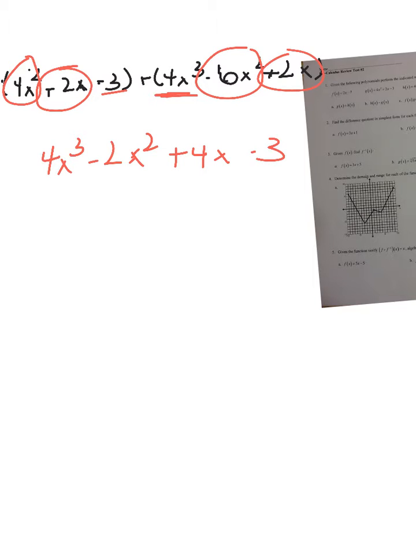So 1b is to take h of x, and make sure you use parentheses because we are subtracting. So it's 4x to the third minus 6x squared plus 2x.